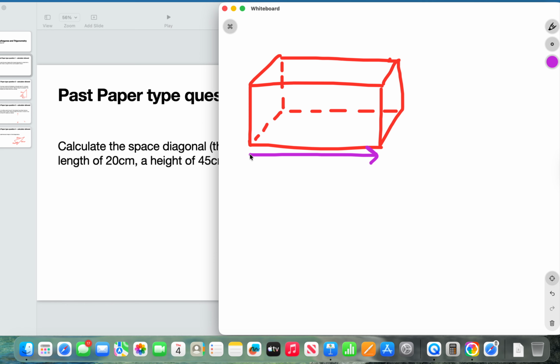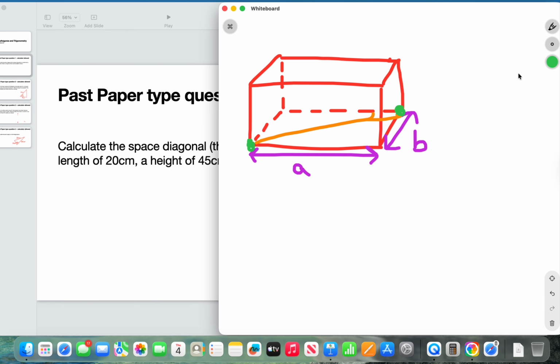we'll call this A, and we will call this B. Then if we have this diagonal, it's called a face diagonal, and it goes from this corner to this one.